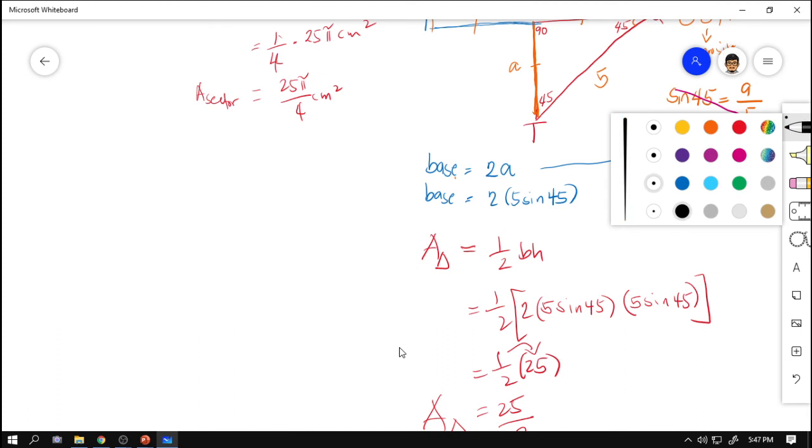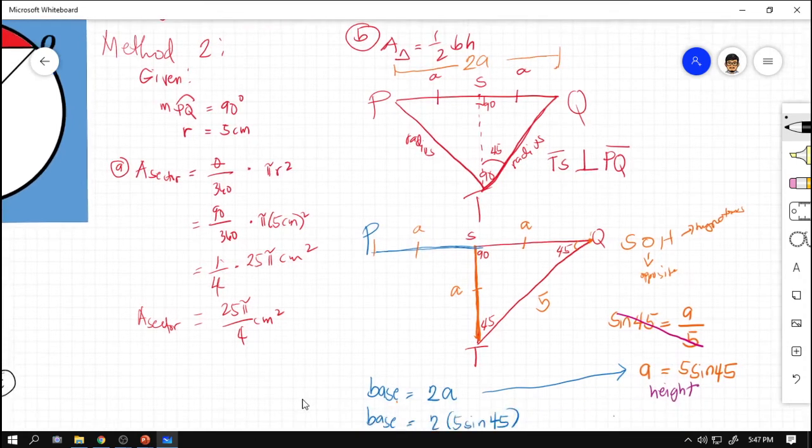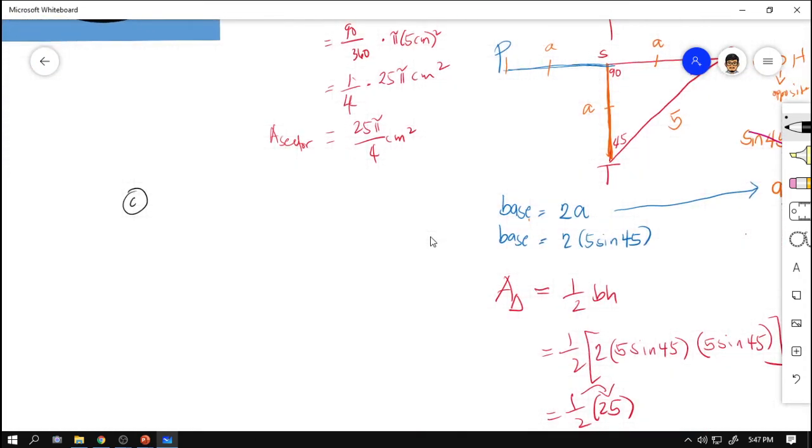the area, pangatlo na ito, no? Letter A, letter B. Okay, letter C. The area now of the segment is equal to the area of the sector minus the area of the triangle. Area of the sector is 25 pi over 4 minus 25 over 2.